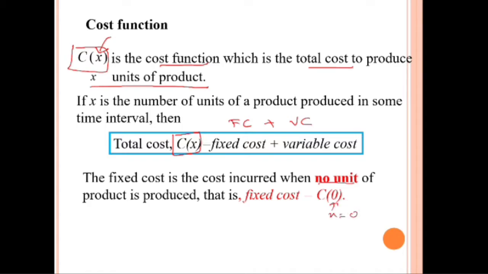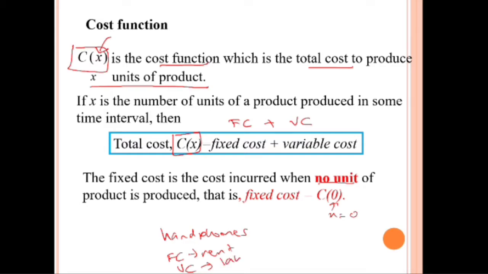For example, if a factory is producing handphones, what will be the fixed cost of that factory? Well, the fixed cost might be, for example, the rent of the factory. What about an example of variable costs?